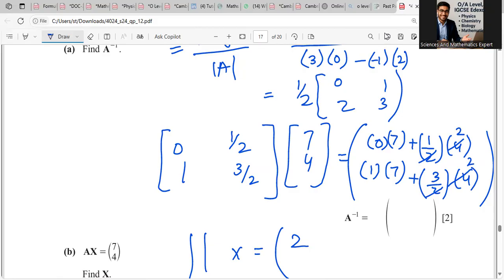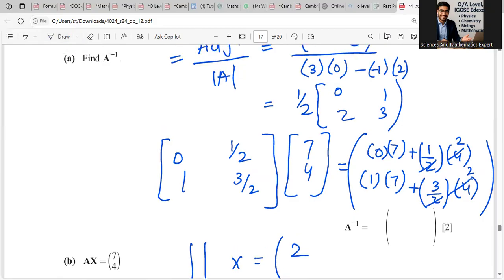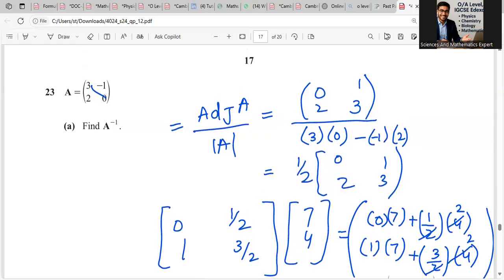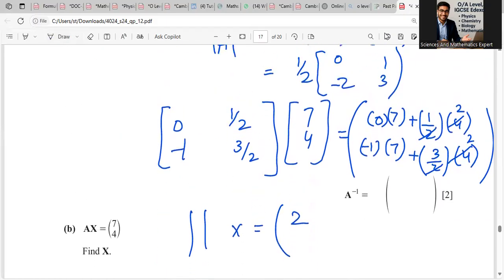Some mistake is being done by me. Oh yeah, we will have to take minus here, that it is minus 1. Thank you. This was a small little bit error over there. So minus 7 plus 6, I will get minus 1 here. Always remember, just stay actively and presently stay over there so that your errors can be minimized as much as they should be.